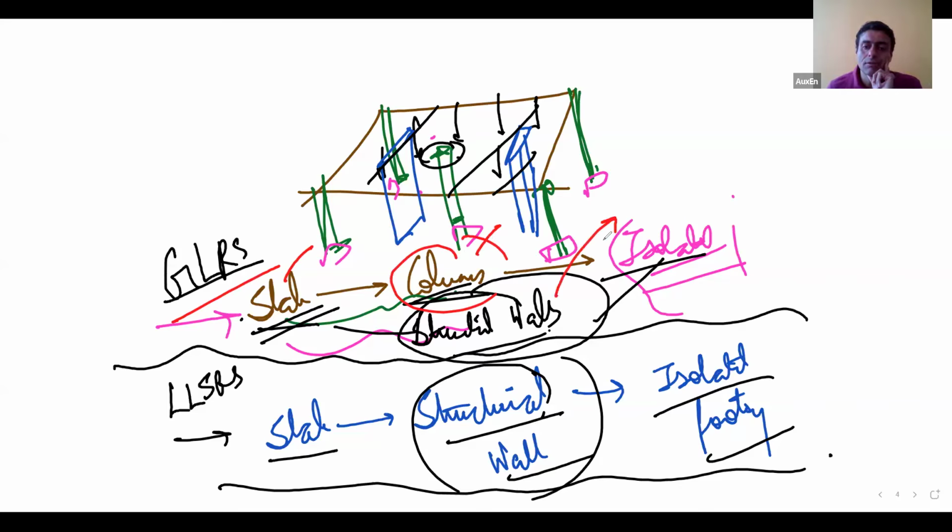My RCC structural walls will develop out of plane moments, in plane moments, and axial forces. And same for lateral loads also. To resist the lateral loads, my slabs will have to resist the in plane moments and in plane shears. Structural walls will have to resist the out of plane and in plane moments and axial forces and shears, and then isolated footings.